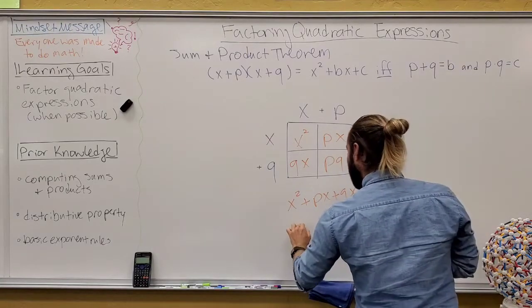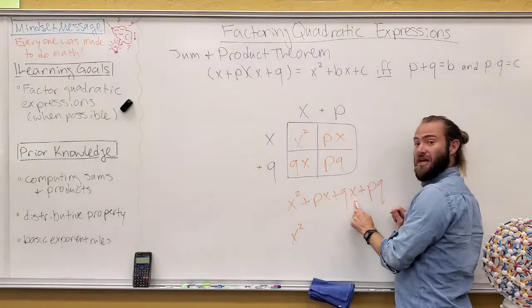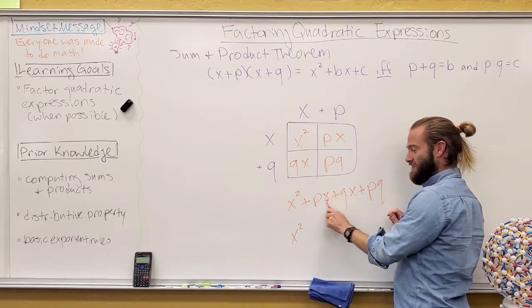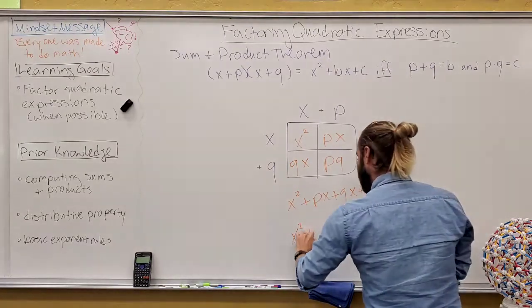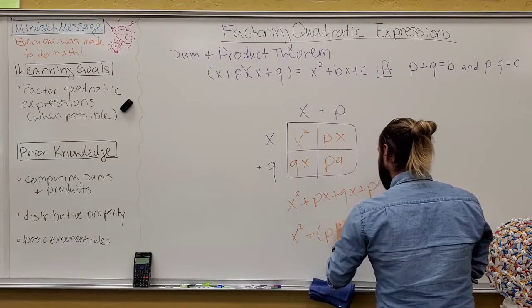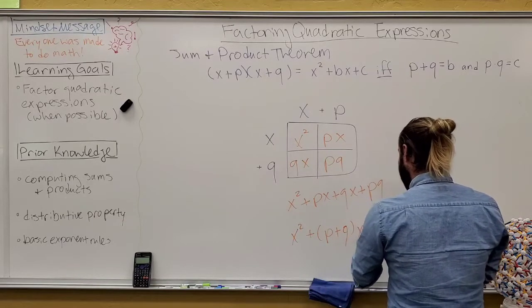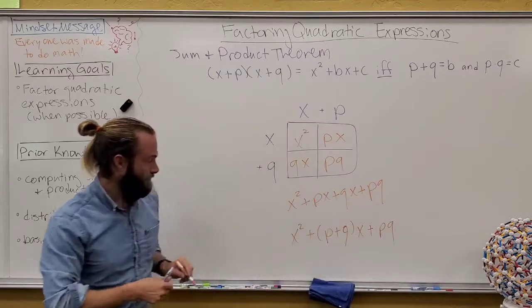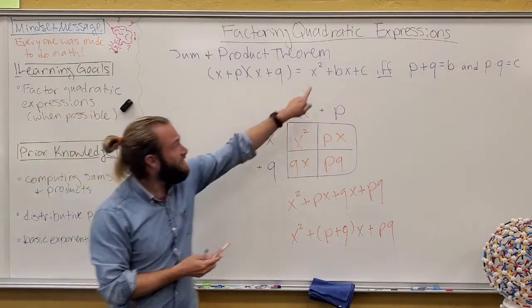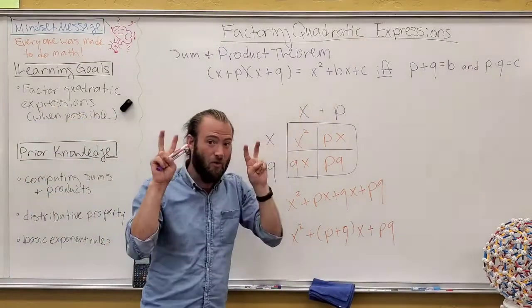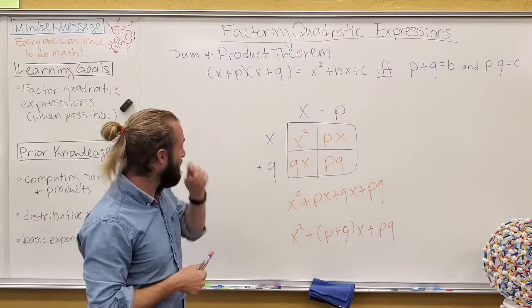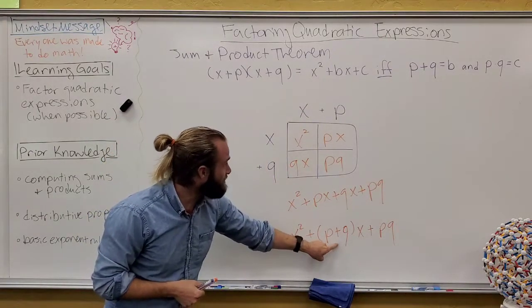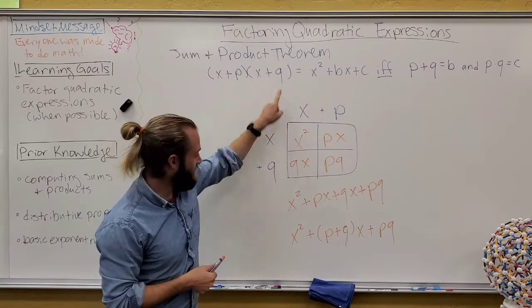However, don't forget that this and this are like terms. And you can think of this as an x that can factor out. So it leaves me with p plus q all times x, plus pq. And now what we can see is that the value we call b, that's the standard thing to call it, must be equal to the sum of this and this, right?